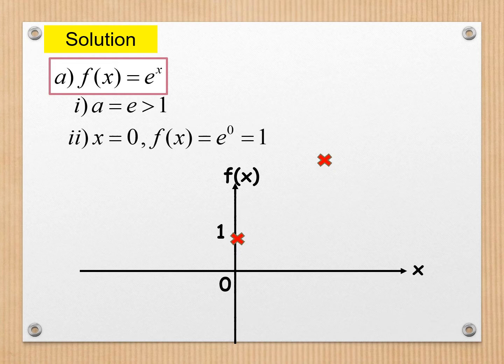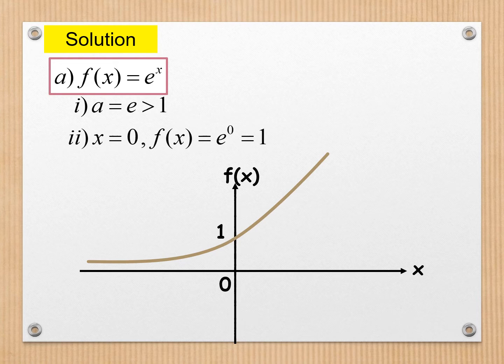Then when x is approaching negative infinity, e to the power of negative infinity, f(x) is approaching 0. So we plot on the left side of x, y is near to the x-axis. Then we connect these three points, and we get the graph of f(x) equals e to the power of x.